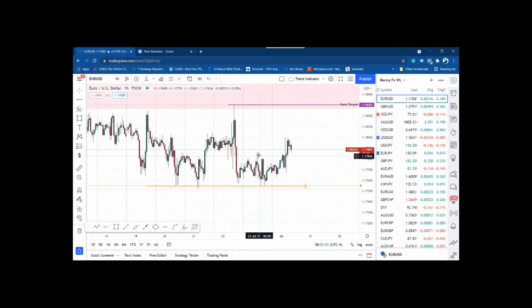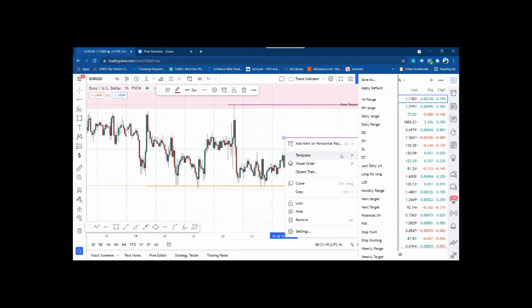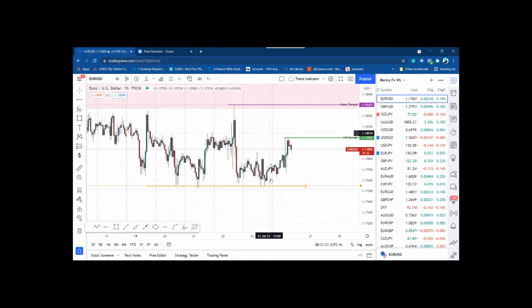So now, in a 1 hour time frame, the current price right now is here. Okay, this is a 1 hour range. So I want to find out where is the high that the market actually took out, which is this high.